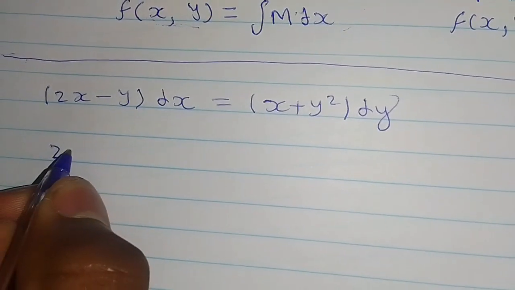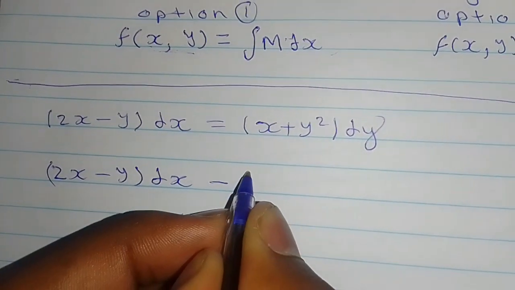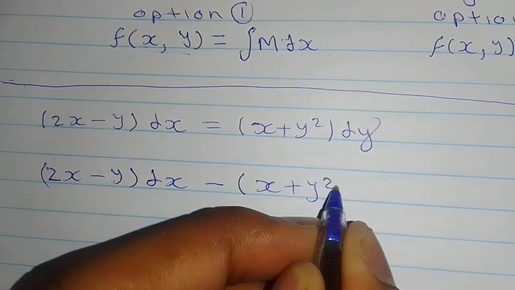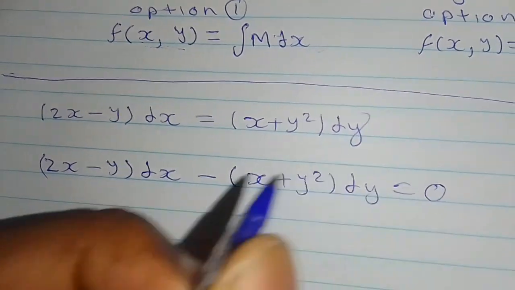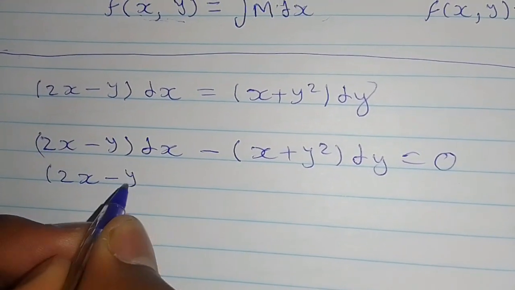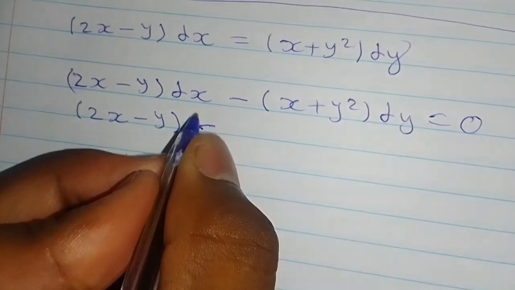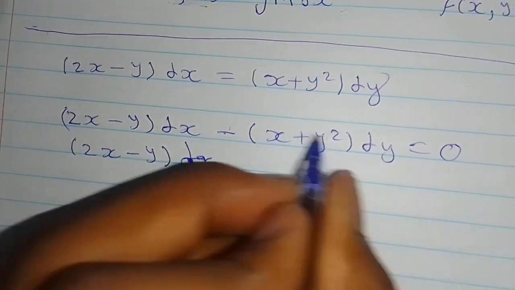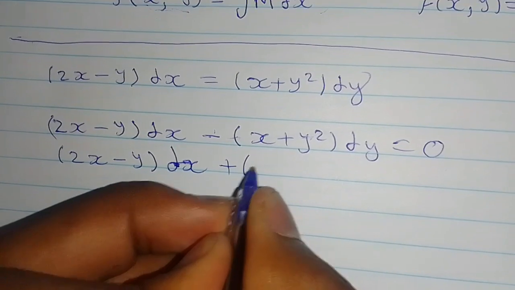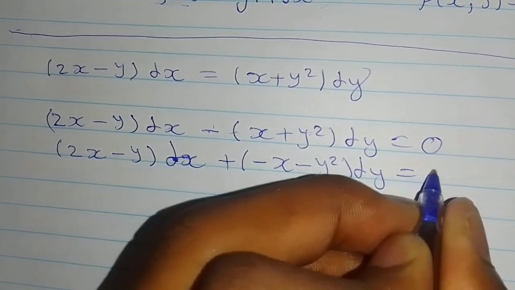So then you have 2x minus y dx minus x plus y squared dy equals 0. For simplicity, I suggest you do this. Notice that from the formula you have a positive dx, so try to keep the positive outside, then just distribute the negative inside. Then you have 2x minus y dx plus minus x minus y squared dy equals 0.